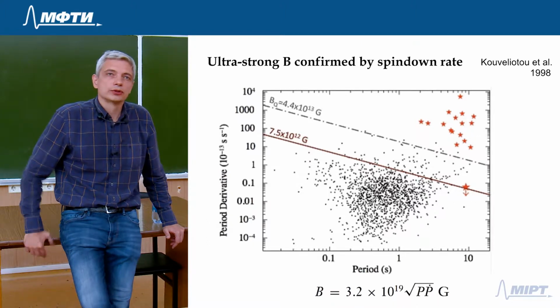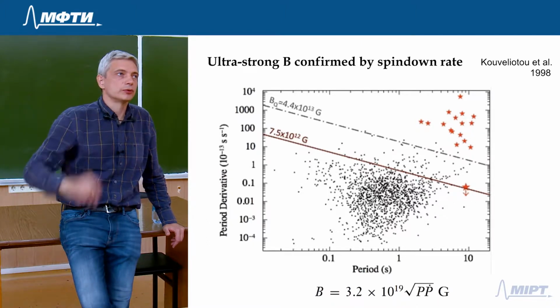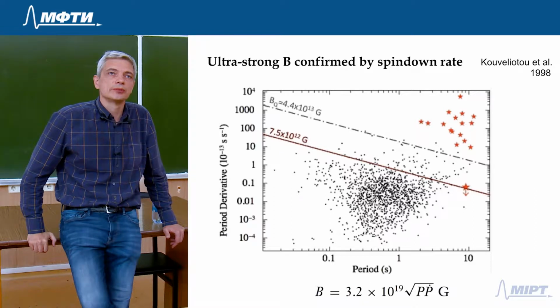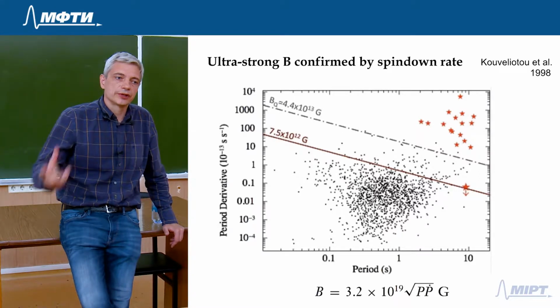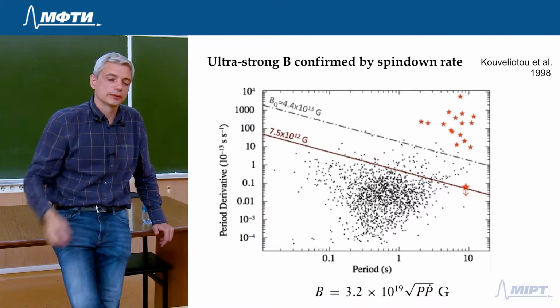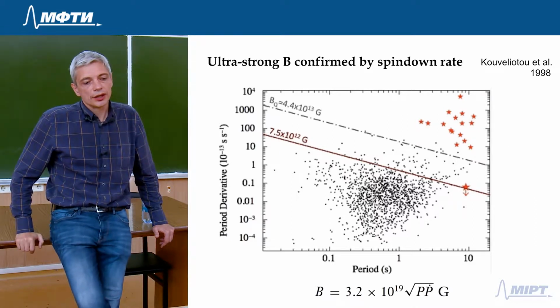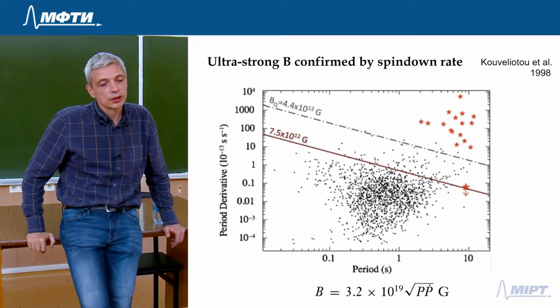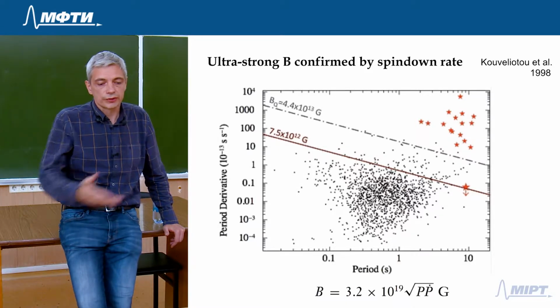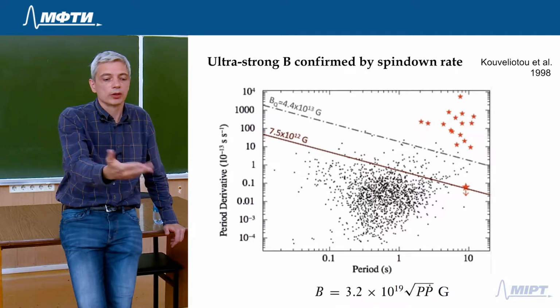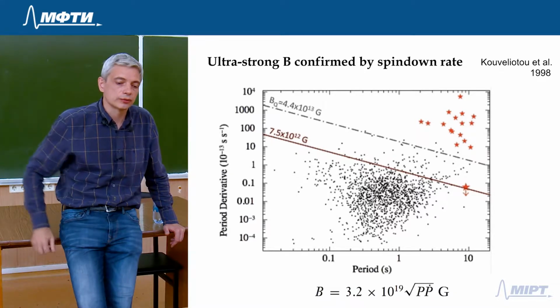So I talked about rotationally powered pulses, right? And you remember that formula, omega to the 4th times mu squared divided by c cubed. All right? So it tells you that the spin down rate, which reflects the energy loss rate, is sensitive to omega, and it is also reflected by P dot, or omega dot, the rate of change of period.